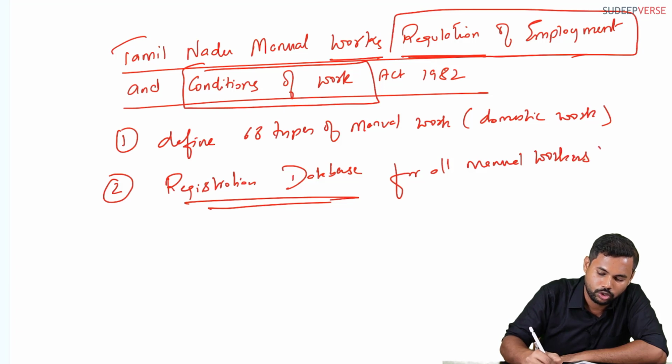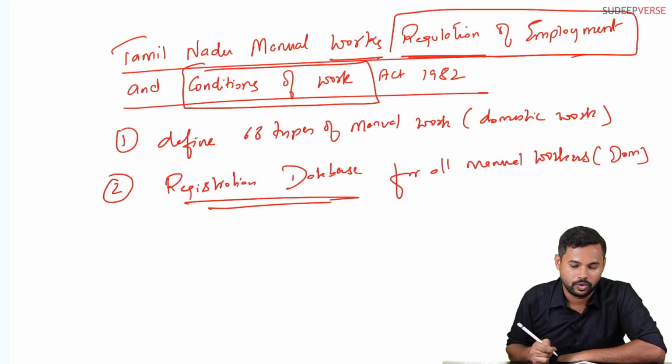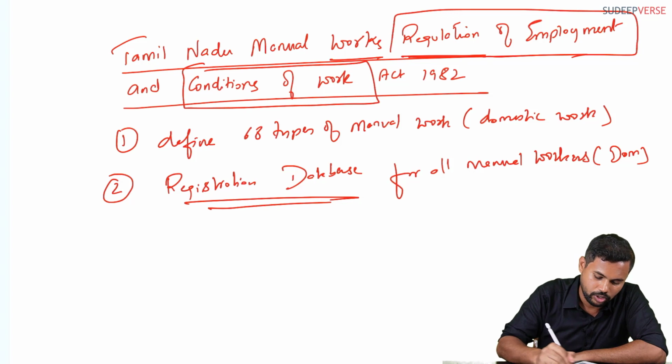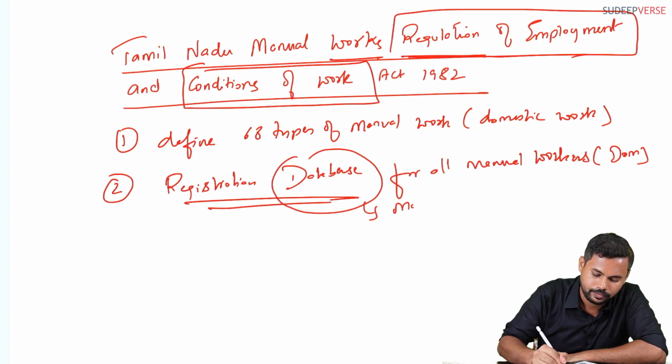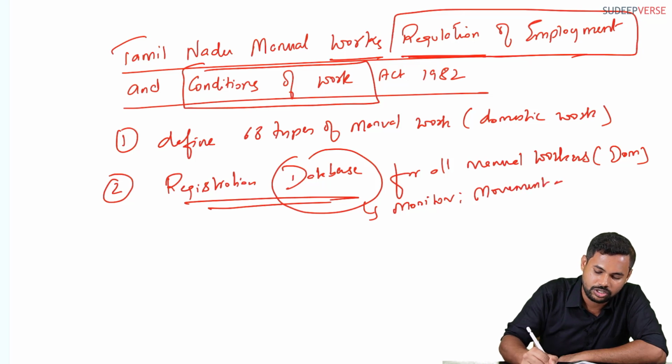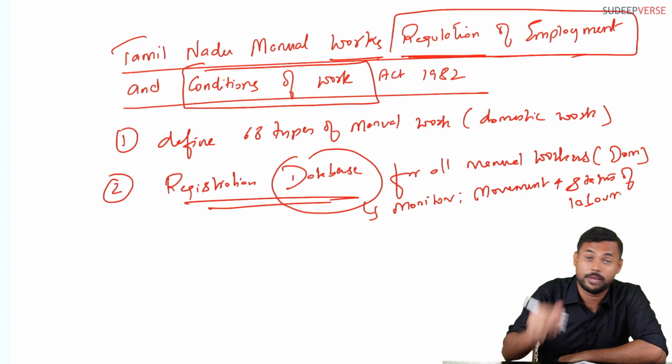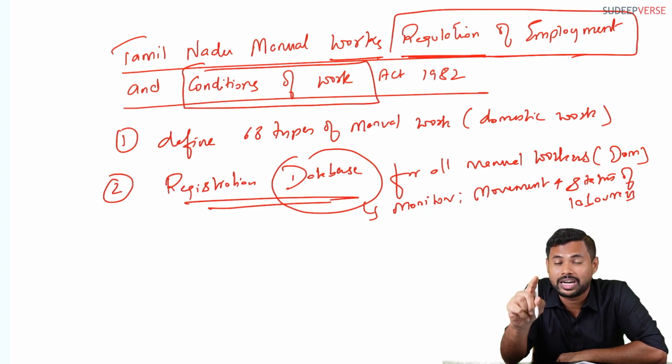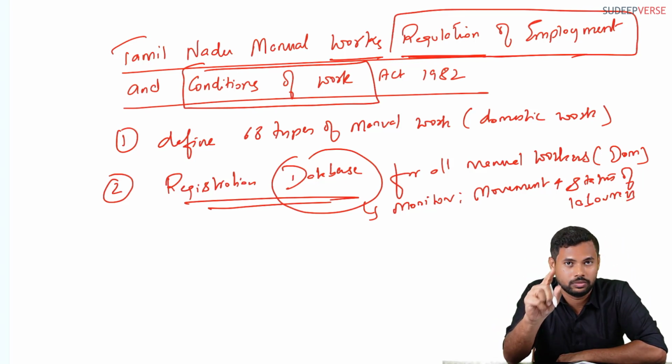That also includes domestic workers. Now this database is important because it helps them monitor the movement and the status of these laborers. So this gives them less scope for any type of human trafficking, for any type of exploitation of labor.